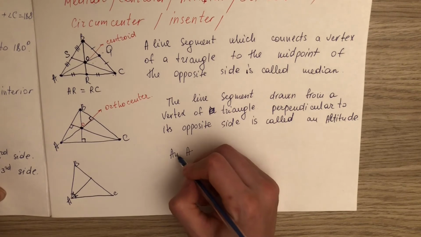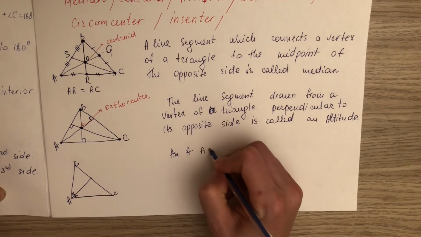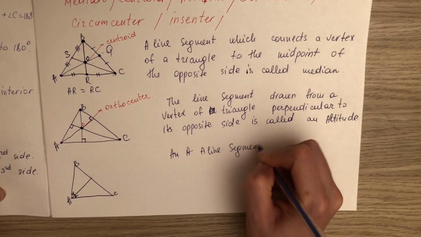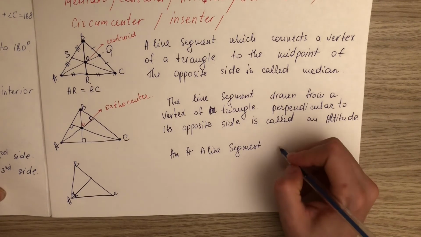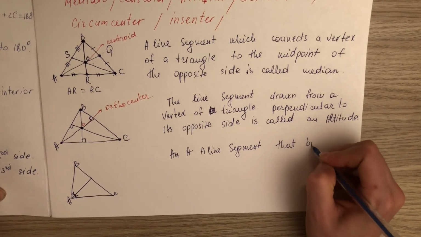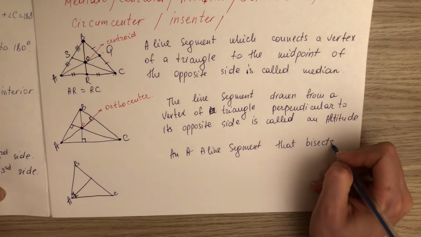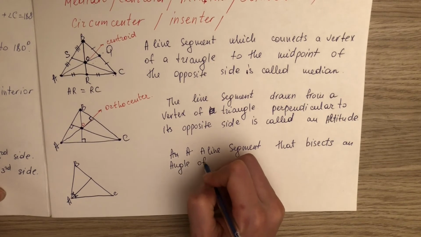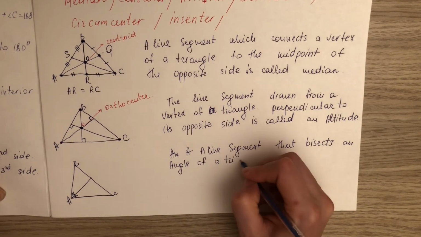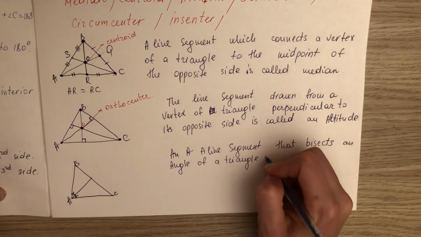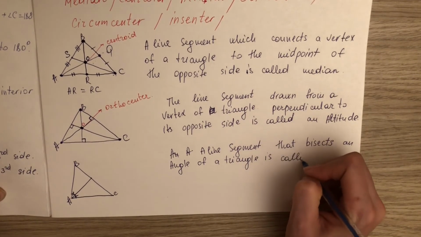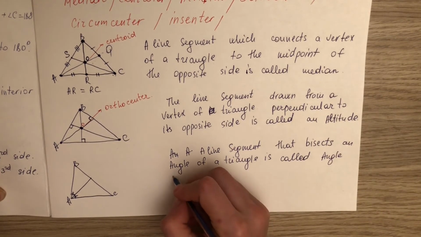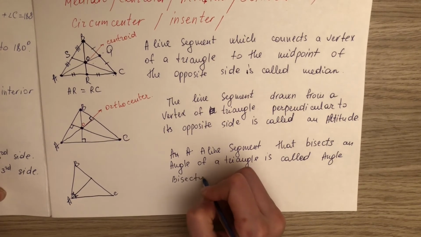A line segment that bisects an angle of a triangle is called angle bisector.